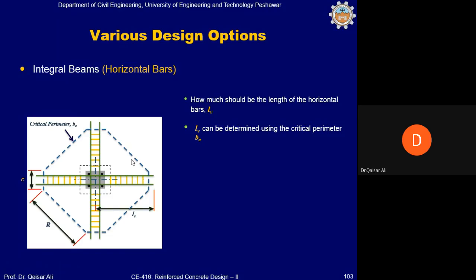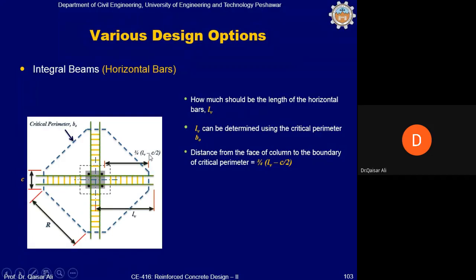Okay, and the length Lv, which is basically the length of this integral beam from the center of the column to the far end of this beam, will be Lv. Okay. And one side of this diagonal R, which is the critical shear perimeter, is equal to 3 by 4 (Lv minus C by 2).